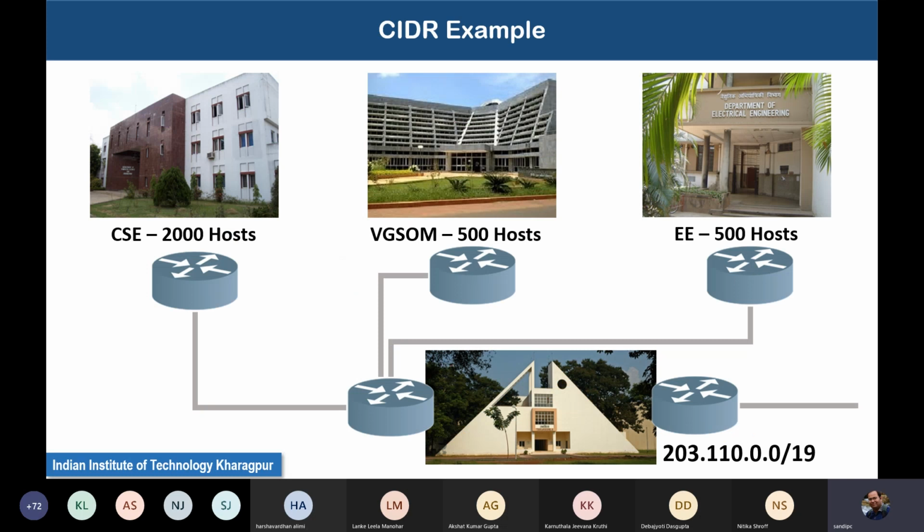Okay, now let us see another example of CIDR. The type of example that I was talking about earlier, that the CIC gets a block of IP addresses and needs to divide it among different hosts within IIT Kharagpur. Here we will look into the idea of both subnetting and supernetting.